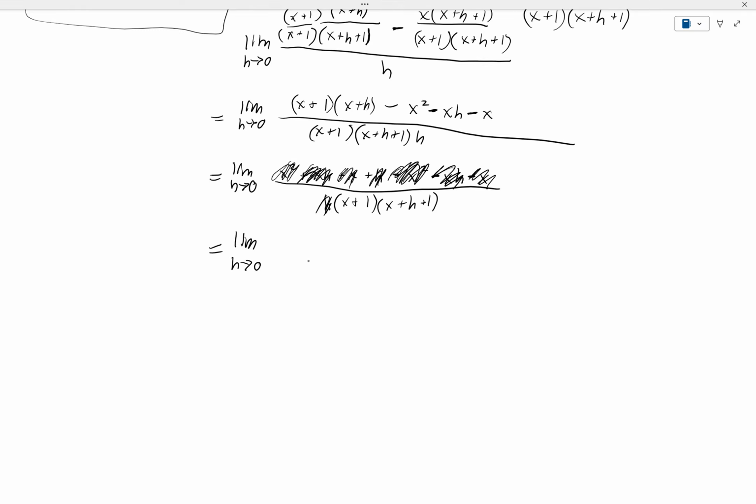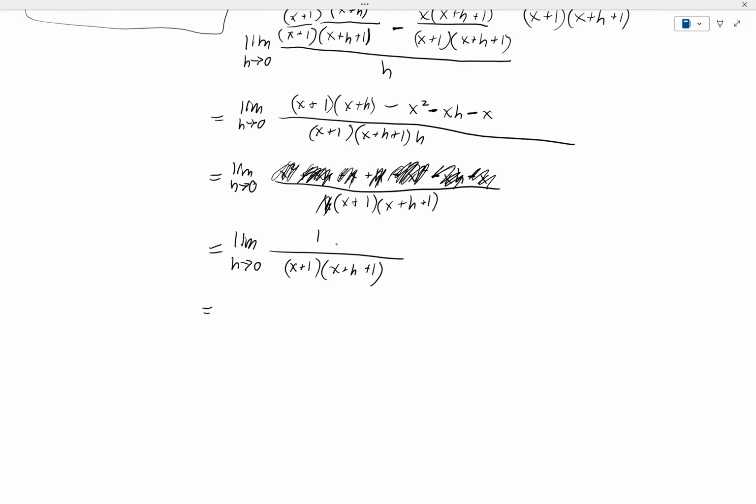Limit as h goes to 0 of 1 over, and it's just our same old common denominator that we had before. So how about if I plug in 0 for h right now? Let's see if we get 0 over 0, or if we actually get something useful.